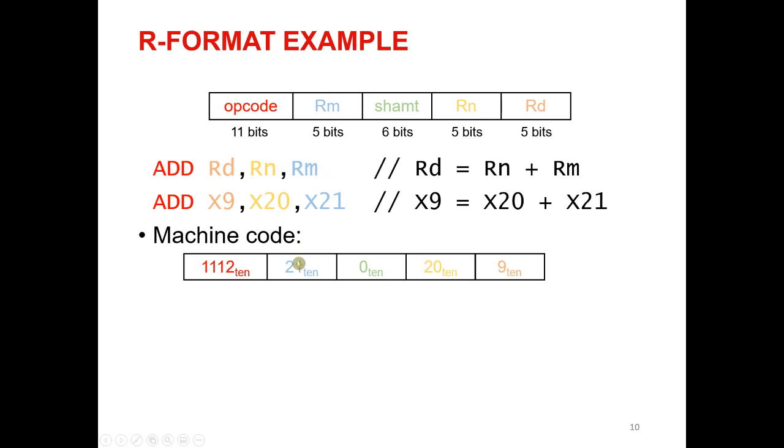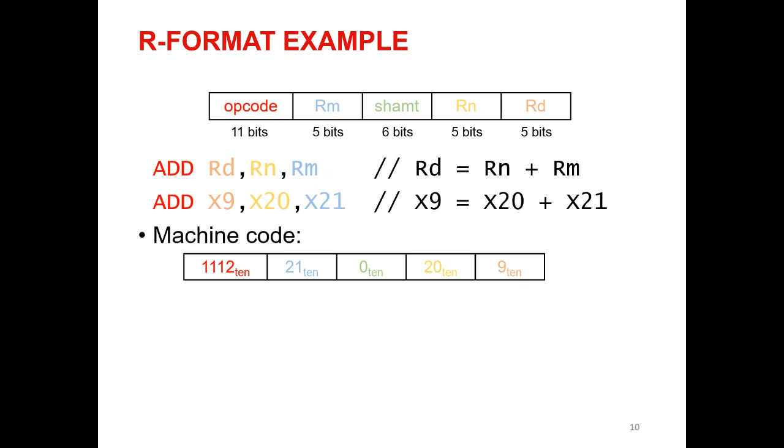We just place here a 21. And then the operation code: for the time being, I'm telling you that the operation code for the add instruction is this number. Why? Because the LEG designers have decided it's this number. I will show you later how to look for the operation code of any other operation.